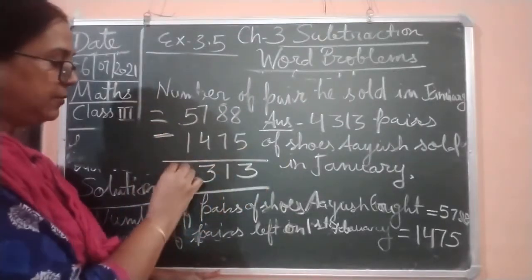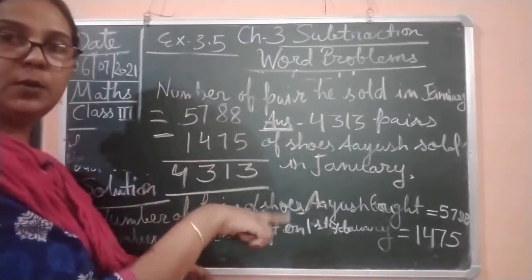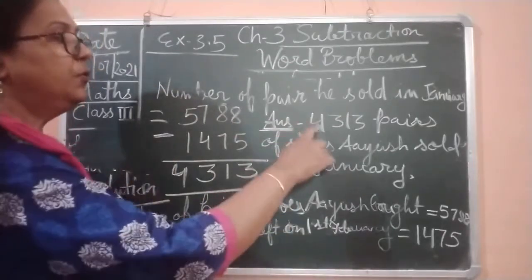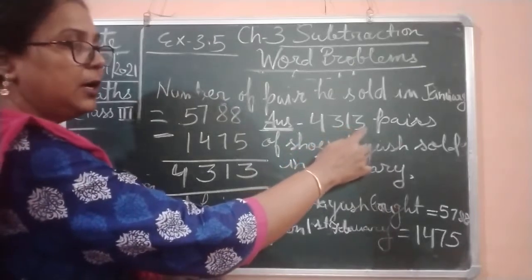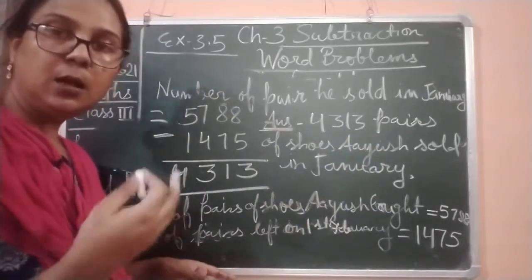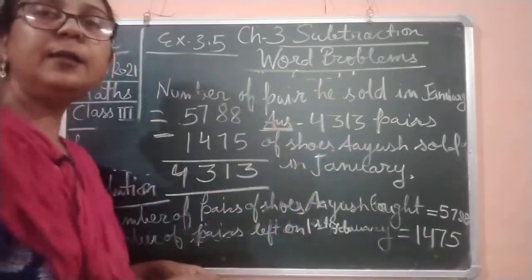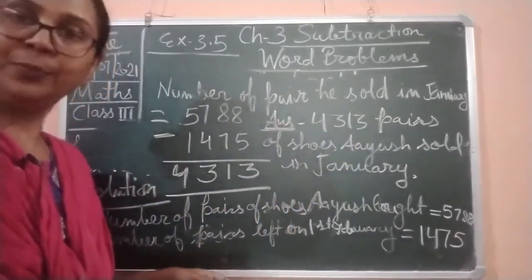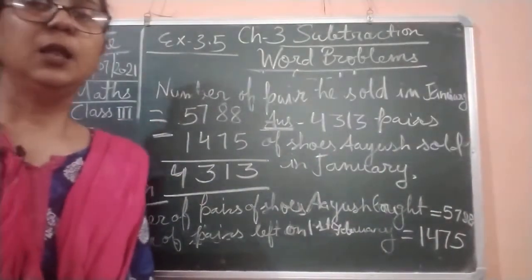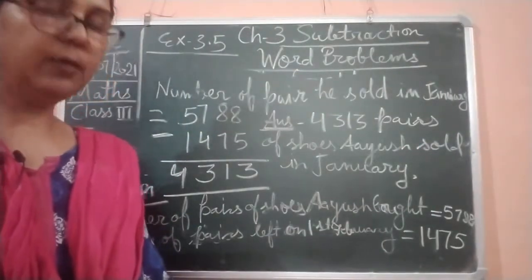Okay, so the answer we get is 4313, and we have written the answer in words because this is a word problem, so we have to write the answer in words. So Ayush sold 4313 pairs of shoes in January. So you can write the answer. Okay, now after that we are moving to the next question, that is number 5.